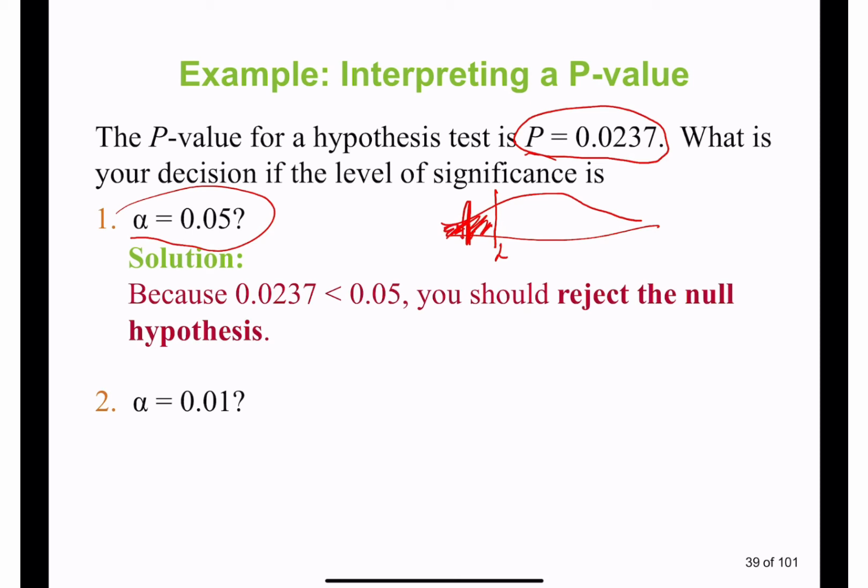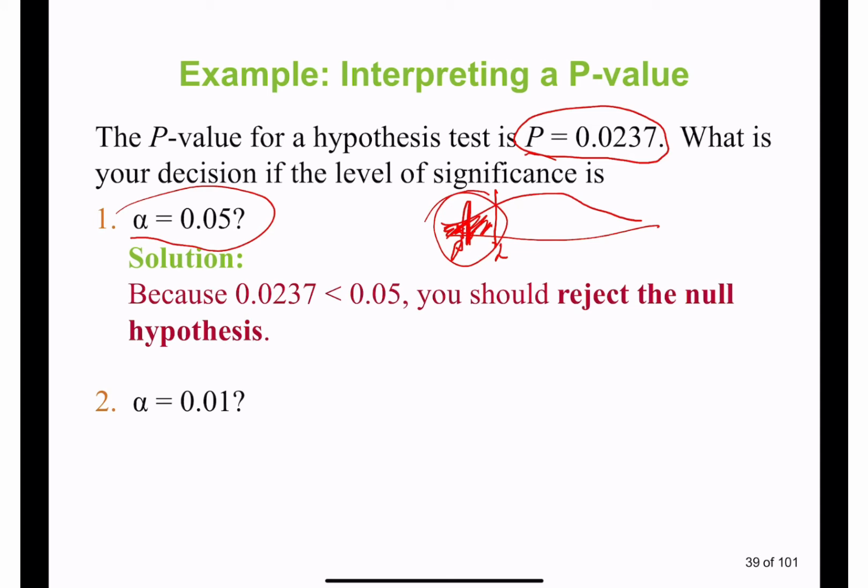Then you reject, because the p-value, 0.02, is less than alpha. The p-value is less than alpha, which means you reject the null hypothesis because it's falling in the error area.